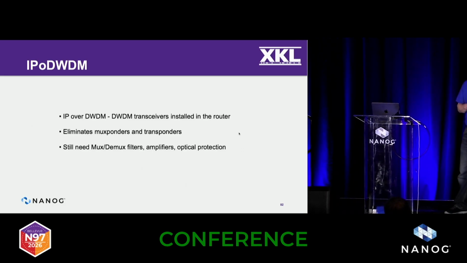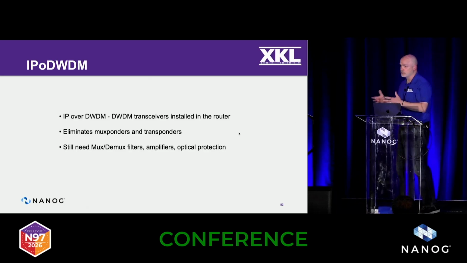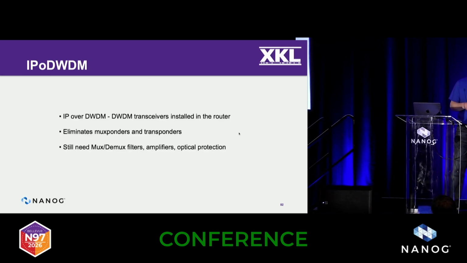We've taken out this muxponder, this transponder, and you can put these guys right in there. That's where the 400 gig ZR plus stuff has gotten so popular, because now you have options. Now you still have to mux the signals. You still got multiple colors. You still got to amplify. You still got to do that other stuff, but you can eliminate your muxponder and your transponder.